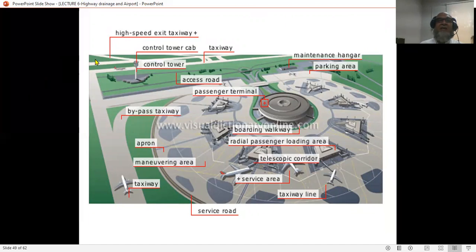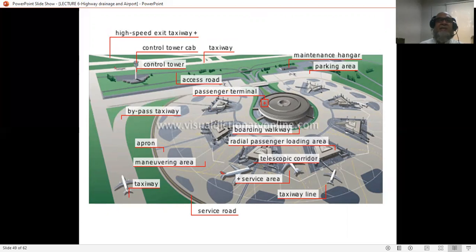So this is the main flow chart of the buildings of an airport. Where do I start? Okay, I start with a taxiway. The aircraft has come all the way and now it is taxiing. It will go either here or here. This is a short route, but sometimes there is an aircraft already over here, so this aircraft has to take this other route and go to the passenger terminal building.